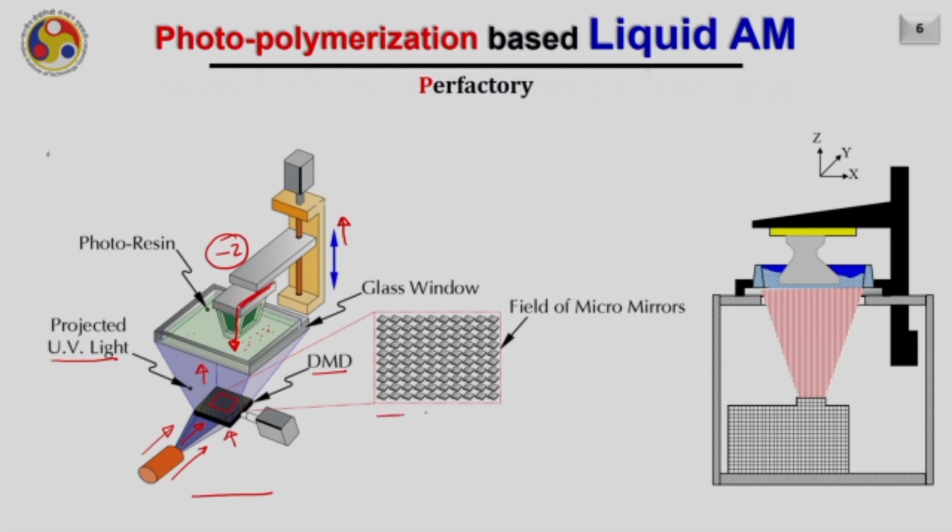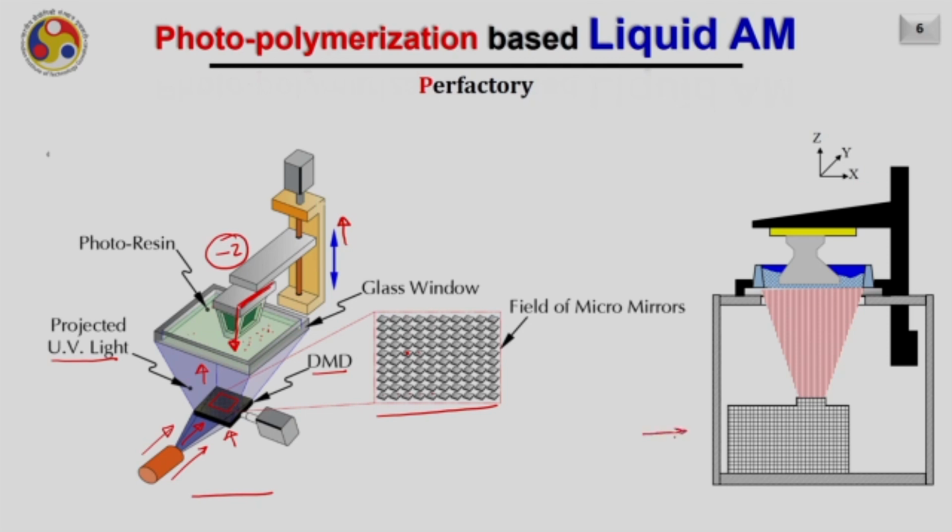This is how the mirror device looks. It consists of a lot of micro mirrors, and to create the digital mask, the mirrors corresponding to transferring the light will be aligned appropriately, and the mirrors that are not going to transfer the light to the bed will align in another direction.